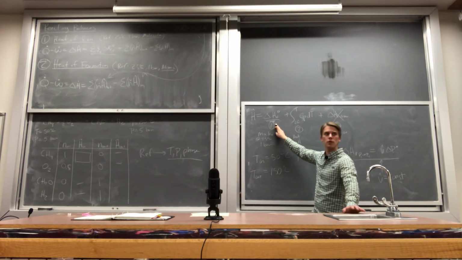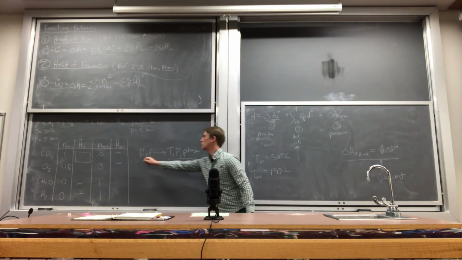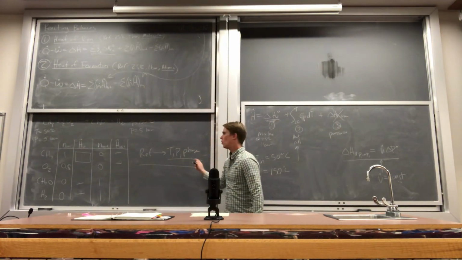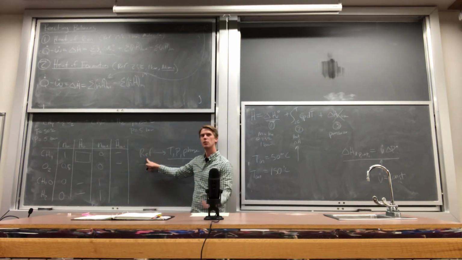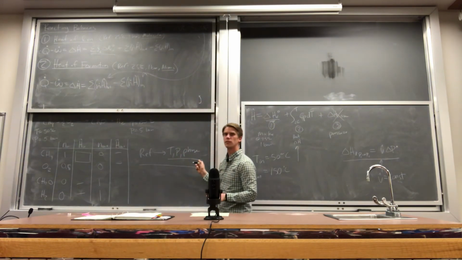The only difference between those two is the vaporization energy, how much it takes to go from the liquid to the vapor state. But the only difficult part in all of this is keeping track of this step. What is your reference state and how do you calculate the enthalpy changes of temperature, pressure changes, and phase changes.